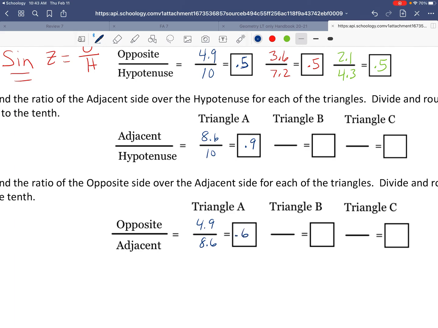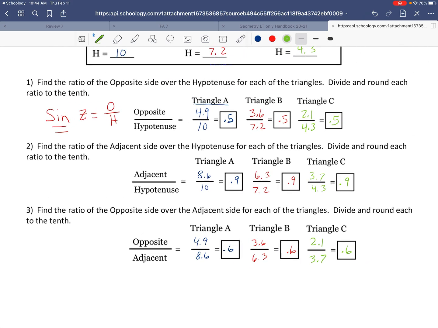This gave me about 0.6 for triangle A. For triangle B, I've got 6.3 and 7.2, which is about 0.9. I have 3.6 and 6.3, which is about 0.6. And then for triangle C, I had 3.7, 4.3, which is about 0.9. And I had 2.1, 3.7, which is about 0.6.